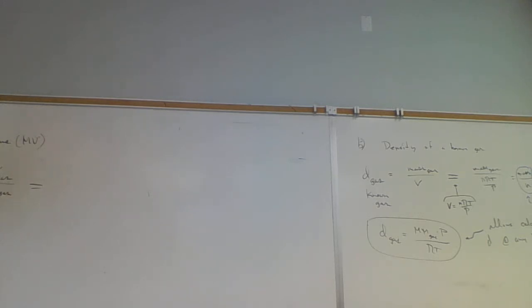Let's substitute for moles. We know that the moles of gas is equal to, solving the ideal gas law, PV over RT. And so we'll substitute that in here. And so we get the volume of gas over PV over RT. And then we're just going to invert and multiply.